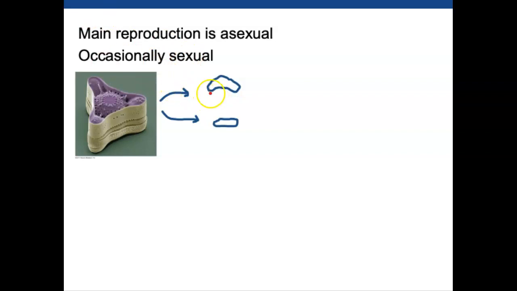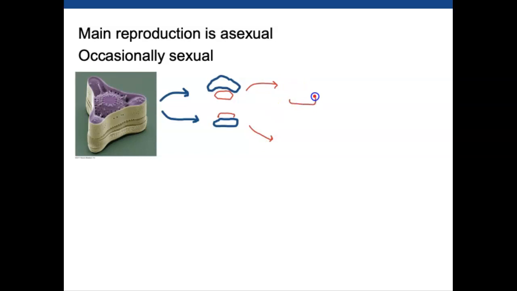I'll make that in red so it's easier to understand, hopefully. So this new half is actually a little bit smaller than the original size. Now, it does its thing, and then it decides, oh, we need to reproduce asexually again.